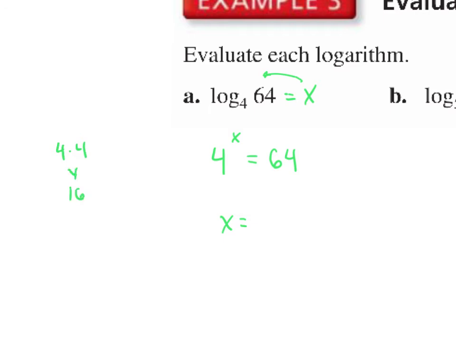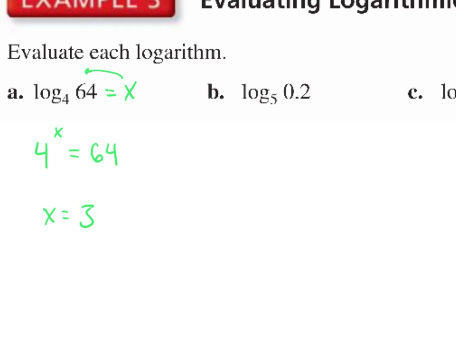So this would be 4 to the second power. Not quite 64 yet. So let's multiply that times another 4. What's 16 times 4? 64. So how many 4s do we have? 3. So x is equal to 3. So always ask yourself, 4 to what power gives you 64? Any questions on that one?